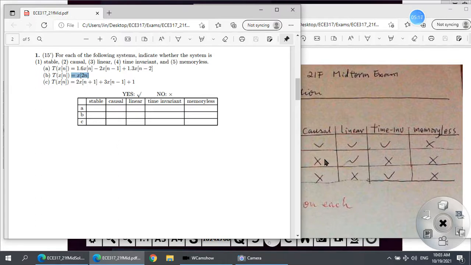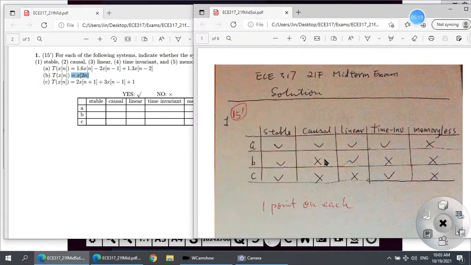So this is not a causal one. And linear, yes. This is just x itself, so of course it's linear. If you add inputs, the output is also added together. If you have a scale in front of x, the output has the same scale. So this is linear.